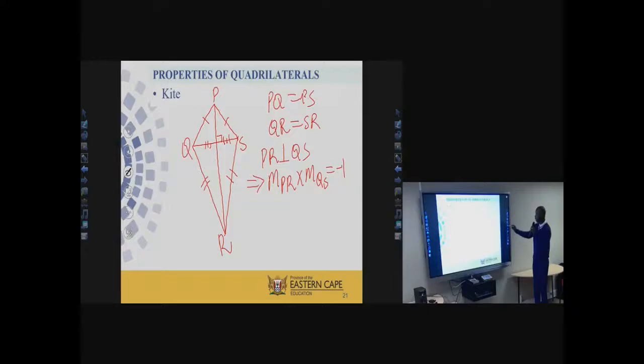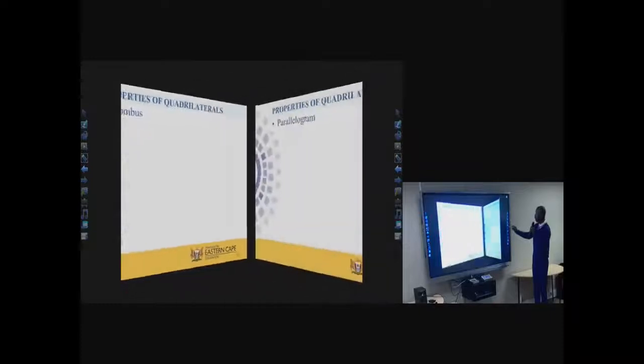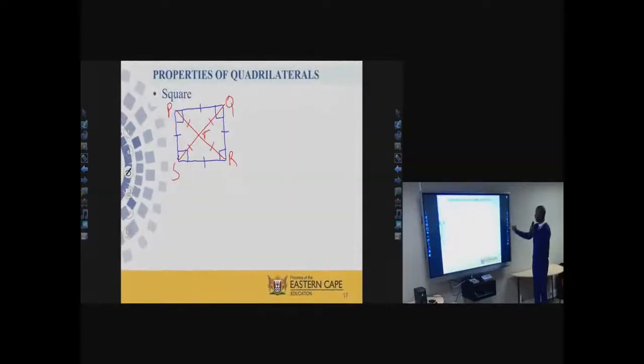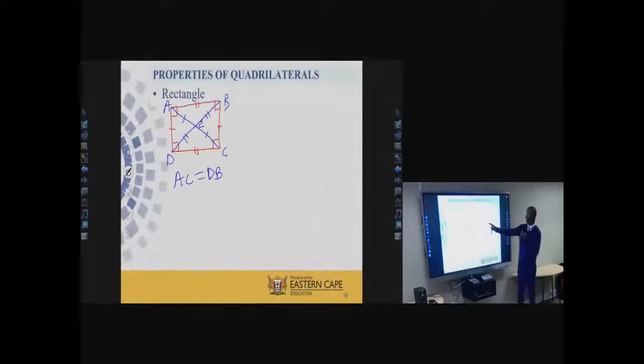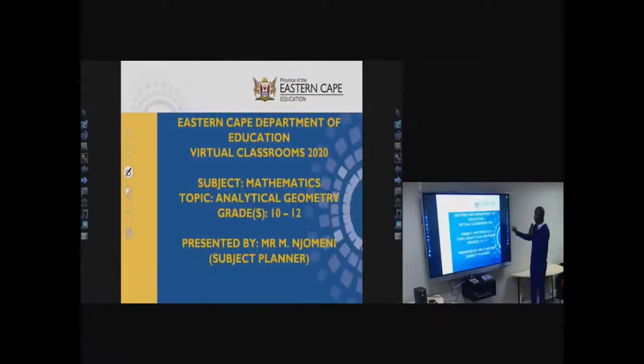All that was needed was for you to understand the properties of a rectangle, that this is equal to that, and that is equal to that. Once this is 90 degrees, 90 degrees, 90 degrees, 90 degrees, it automatically means that this plus this is equal to 180 degrees, which simply means that this is parallel to that, and that is automatically parallel to that. So you needed the properties of a rectangle, right?